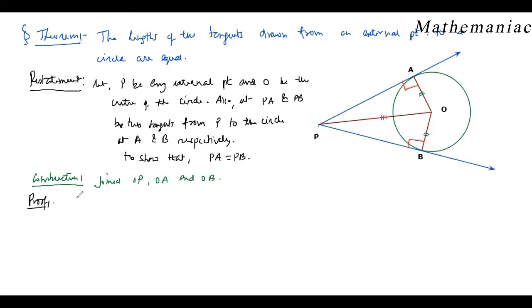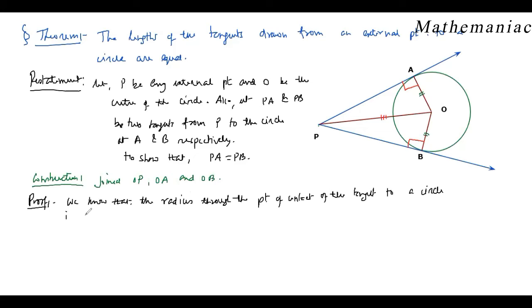Now, first of all, you write, we know that the radius through the point of contact of the tangent to a circle is perpendicular to it.